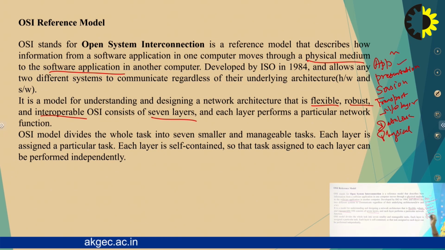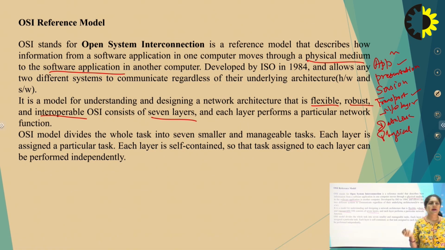Like in the application layer, for file transfer, we use FTP. In the transport layer, we use UDP and TCP protocols. In the network layer, we use different types of routing protocols, and the Internet Protocol, where we use IP and logical addresses. In the data link layer, it is used for error detection and correction. And the last, the physical layer, converts our data into binary zeros and ones.